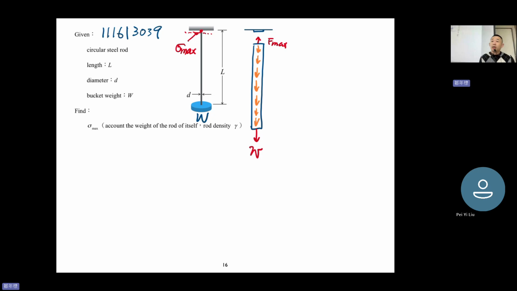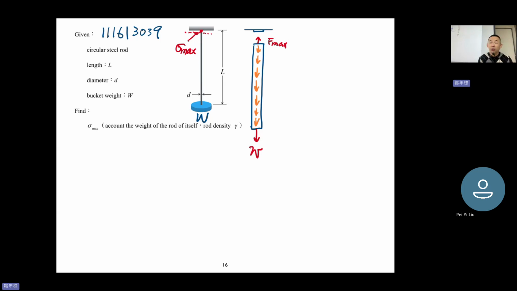And the final concept I mentioned yesterday is that if you want to determine the stress at any point in the material, just cut that position. Just cut that and split it. And after you split it, you need to understand that every position in the materials in this course is in equilibrium.